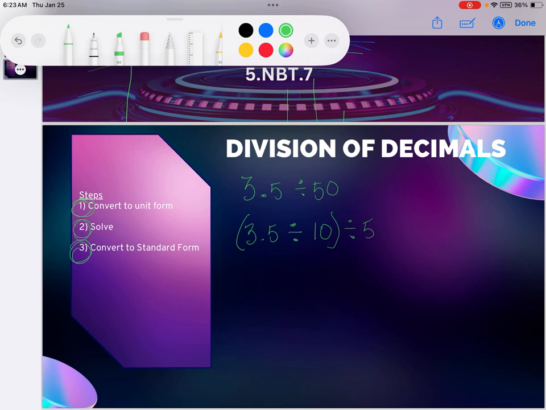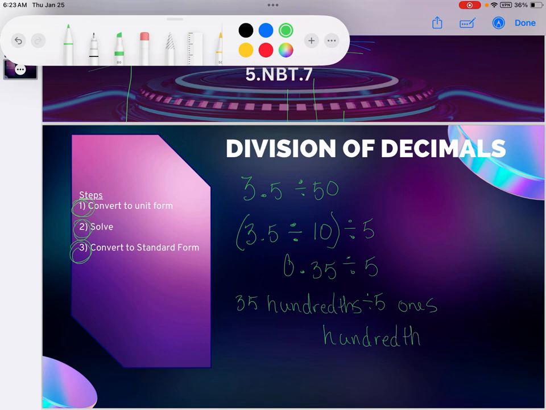So 3 and 5/10 divided by 10 would be 35 hundredths divided by 5. And again, I would go back to that step 1. 35 hundredths divided by 5 ones. Hundredths divided by ones is going to be hundredths.